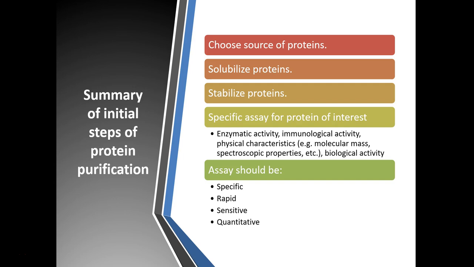And finally, all assays, regardless of whether they are looking at physical characteristics or biological activity, should have a quantitative aspect to them. So some way for me to quantify how much was there, how much activity was there, either in absolute numbers or relative numbers at minimum, where I can compare a normal versus diseased or X versus Y.